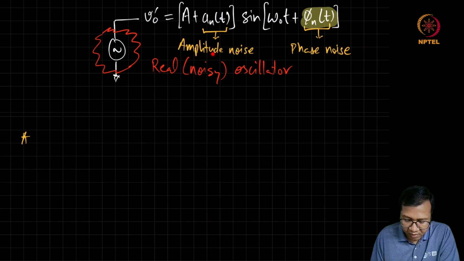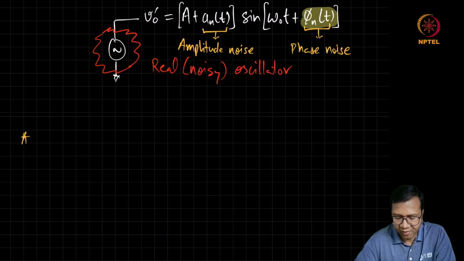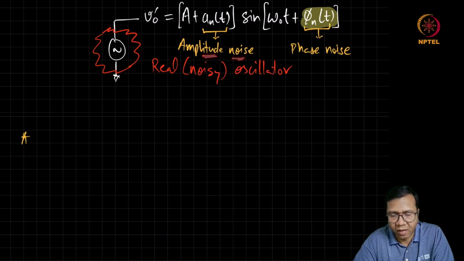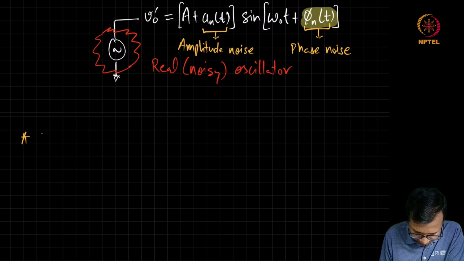In addition to that, this oscillator will be driving the LO switches in the mixer stages. When we are driving those switches, the amplitude noise is again not going to result in any effect at the output of those mixers. For this reason, many times the amplitude noise of an oscillator is ignored.